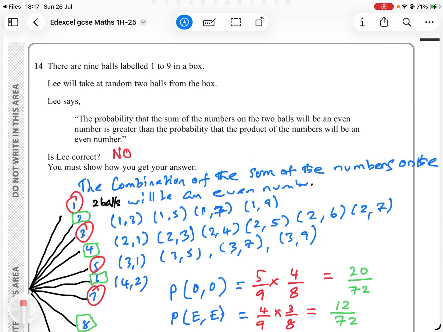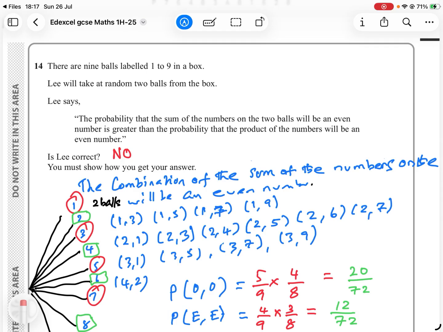Lee says the probability that the sum of the numbers on the 2 balls will be an even number is greater than the probability that the product of the numbers will be an even number. Is Lee correct? No. You must show how you get your answer. Of course, is Lee correct? No. I'm going to explain the reason for this.